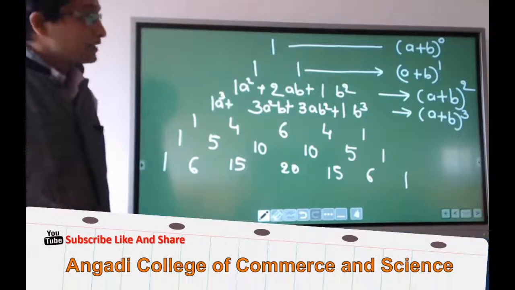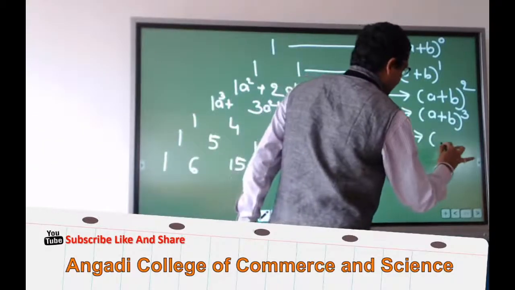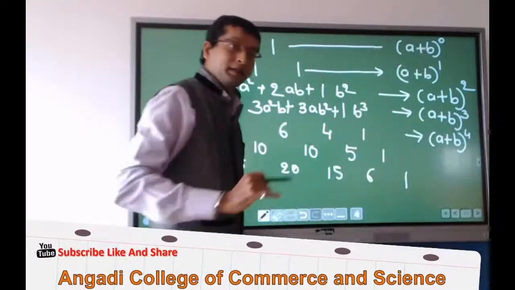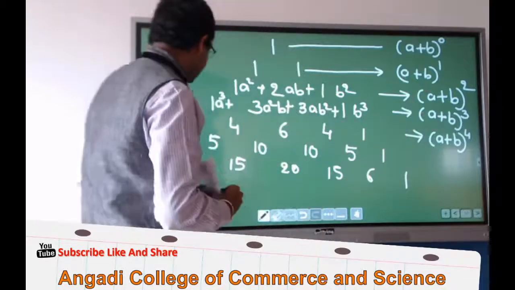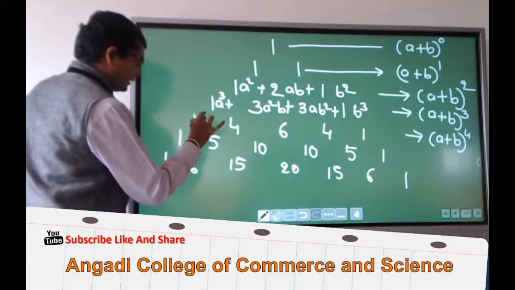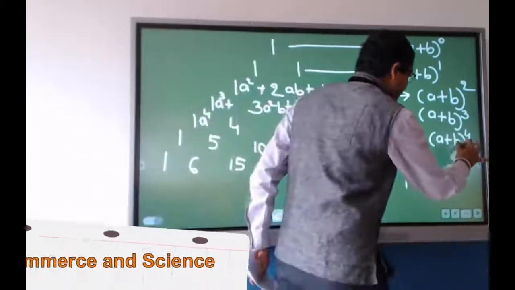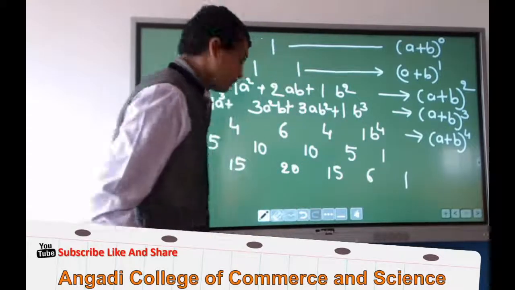Now we will write the expansion for (a plus b) raised to 4. So very simple, yes, a raised to 4 we will write, a to the power 4. On the other hand, it is b raised to 4.